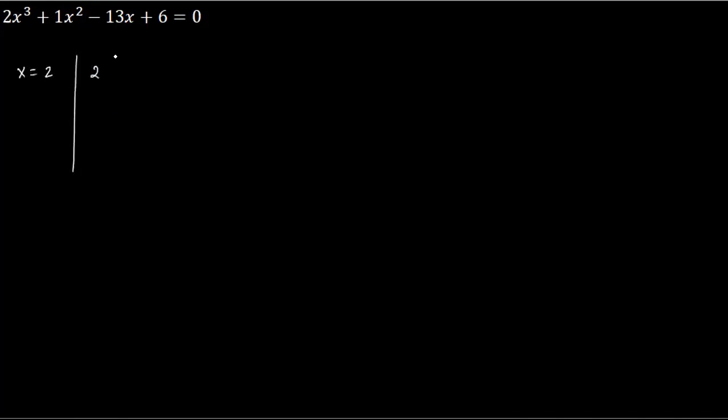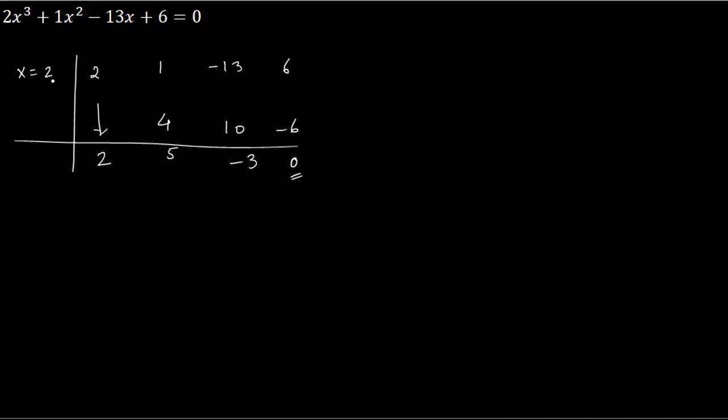So we get 2, 1, -13, and 6. Now write this 2 here. 2 2s are 4. Add them up, 5. 5 2s are 10, -3. -3 2s are -6. This is 0 as expected. So basically x equal to 2 is a zero of this polynomial.